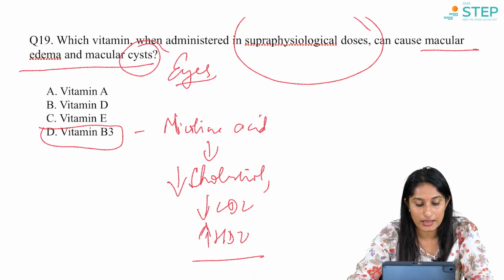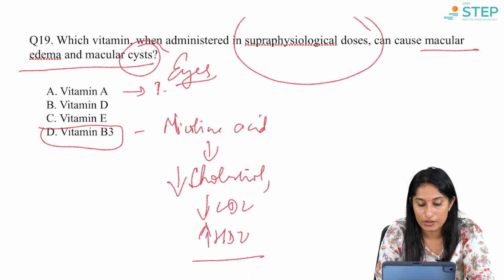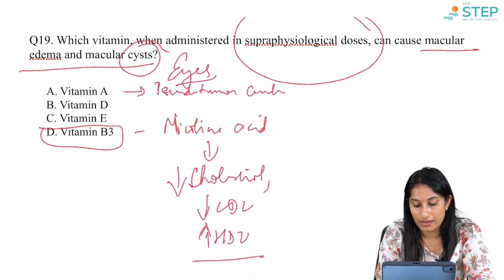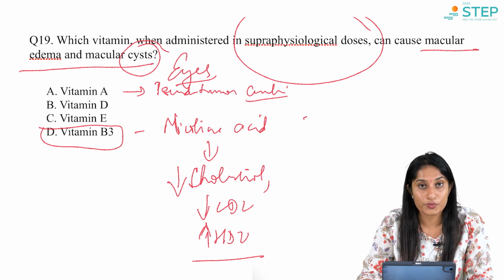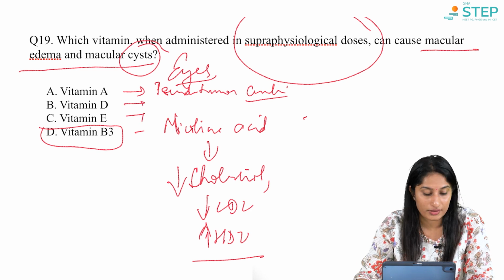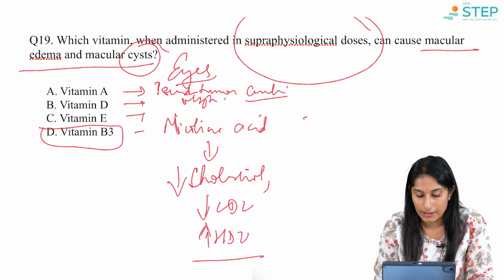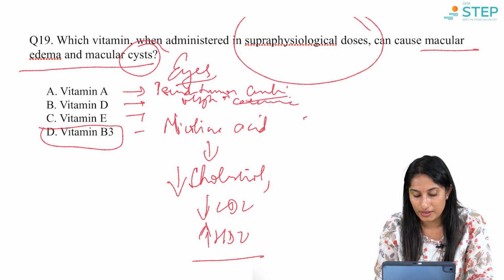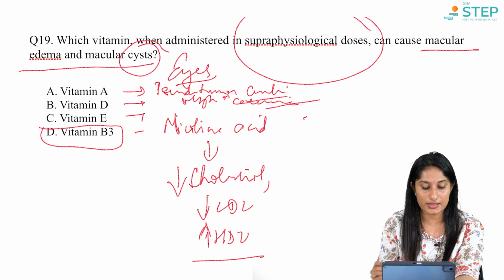Why not A, D and E? No. Hypervitaminosis of vitamin A will cause pseudotumor cerebri. Okay, so a high amount of vitamin A can cause pseudotumor cerebri, evidenced by headaches. Vitamin D also will not cause macular edema or macular cyst. It will most often cause hypercalcemia, because vitamin D is important for calcium metabolism.